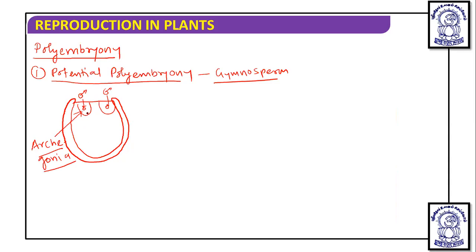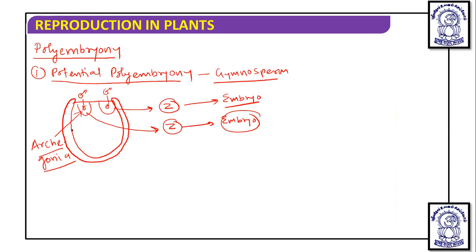If this fertilization occurs, it is going to produce a zygote, and this zygote will form one embryo. In the same way, fertilization also occurs here, it will produce another zygote, and that is going to form another embryo.